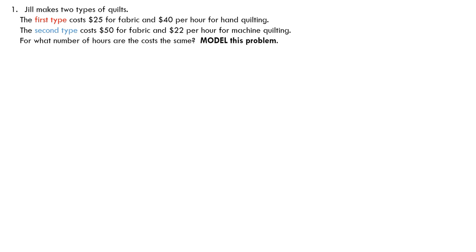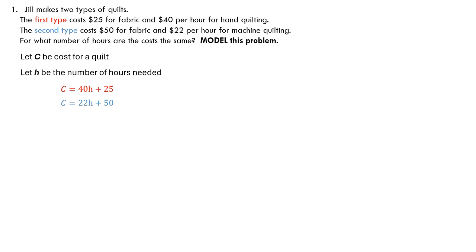The first type can be modeled with the equation C equals 40H plus 25. The second type can be modeled by the equation C equals 22H plus 50, where C is the total cost and H is the number of hours.